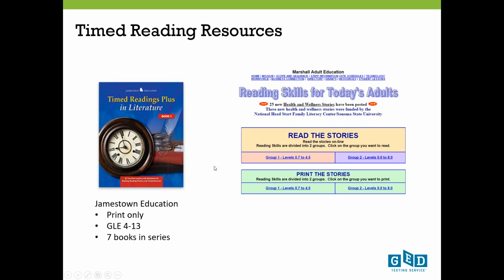Now, resources. Okay, Susan, you mentioned this. What can I do? Well, there are two things that I really like quite a bit. One of those is from Jamestown Education. It is their timed readings. They also have timed readings plus, and they have it in literature, social studies, science. You really do not have to buy every book that they have. I would get one set, which goes from grade level equivalent 4 to 13.